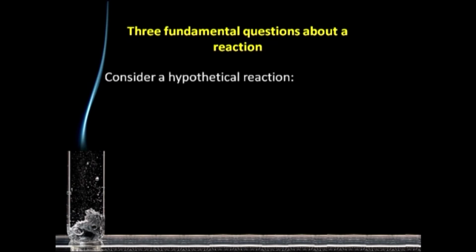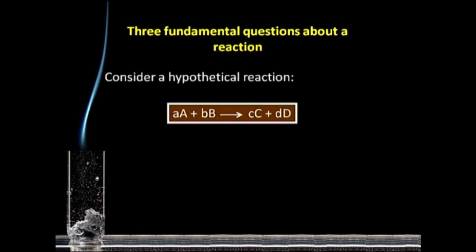When we talk about a chemical reaction, three fundamental questions come to our mind. Consider a hypothetical reaction. A moles of A plus B moles of B gives you C moles of C and D moles of D. What have we written? We have written a stoichiometric equation.